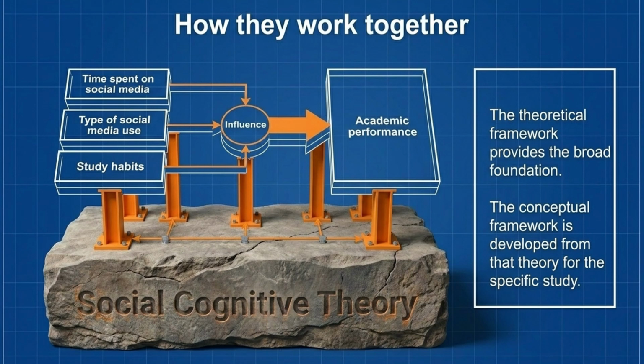The researcher then connects these variables and develops a model showing how they may influence students' academic performance. Thus, the theoretical framework provides the broad foundation for the study, while the conceptual framework translates the foundation into a specific model for investigating the research problem.